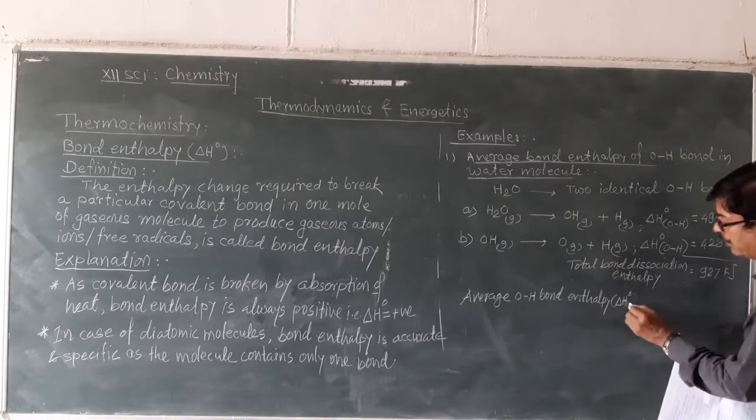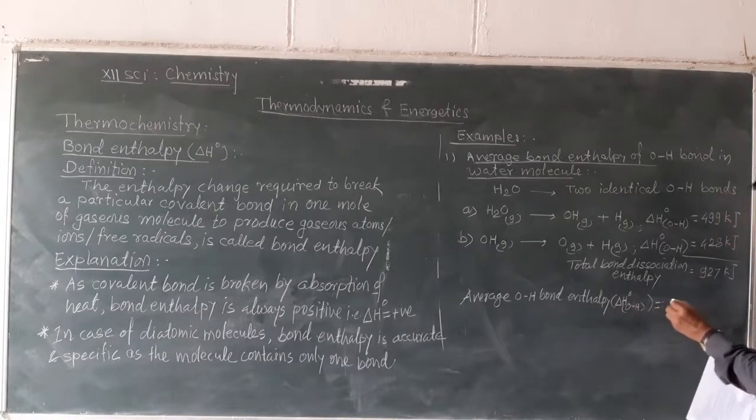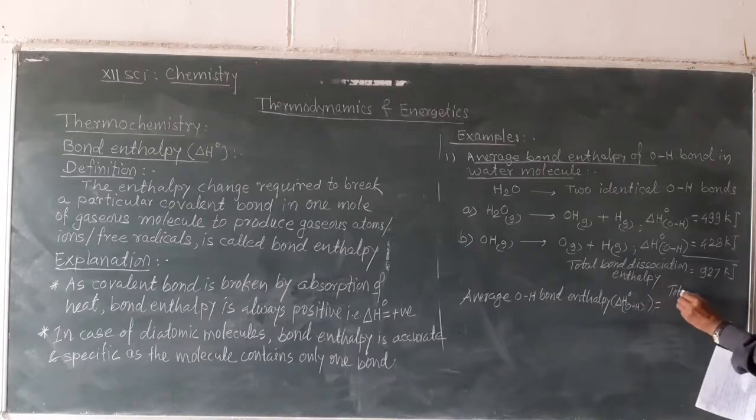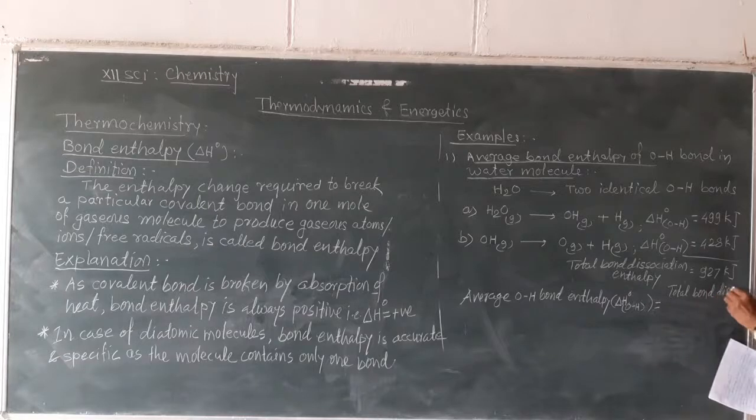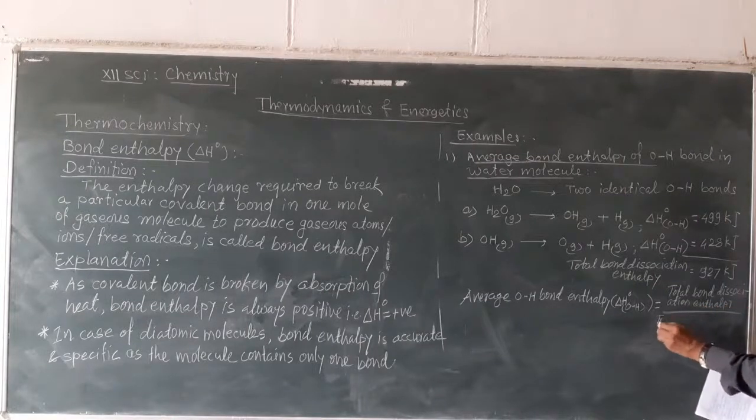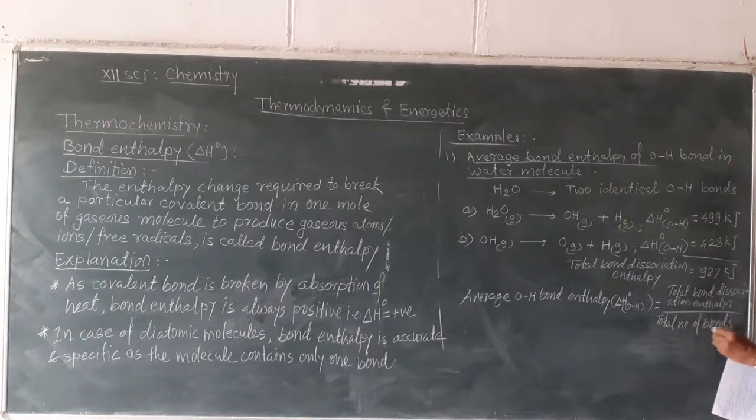It can be given as total bond dissociation enthalpy divided by total number of bonds broken.